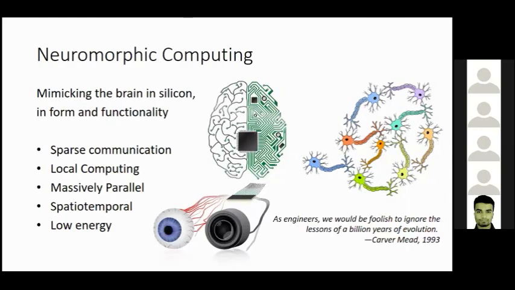Let me give some numbers on that. If you Google the power consumption of a human brain, it comes to around 20 to 25 watts. In comparison, most of you are used to using GPUs for your computation, and the power consumption of a standard GPU is 300 watts.